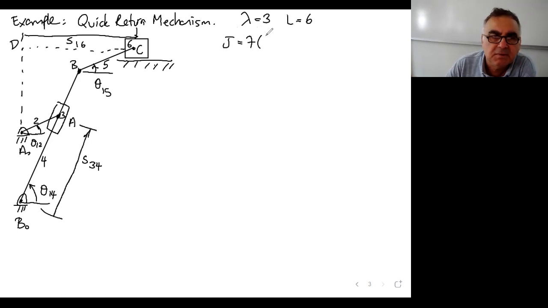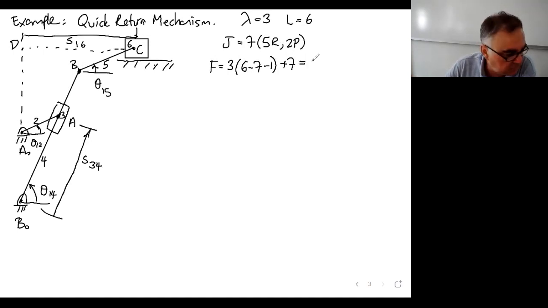It is 1, 2, 3, 4, 5 revolute joints and two prismatic joints, as you see, 1 and 2 here. So it is 7. So we can find its degree of freedom. F is equal to 3 times (6 minus 7 minus 1) plus 7, which comes out to be 1. Okay, the degree of freedom of the mechanism.